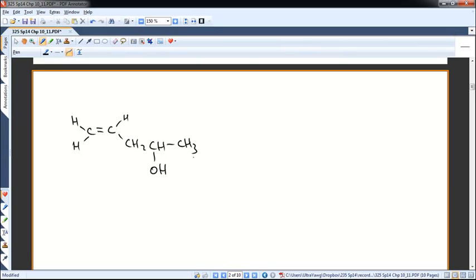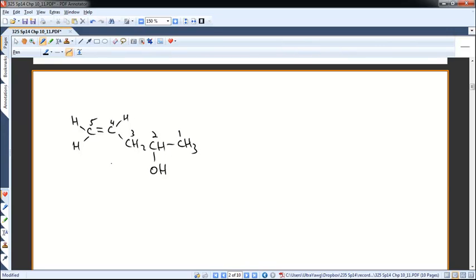We could count 2 possible ways, 1, 2, 3, 4, 5, or 1, 2, 3, 4, 5. You should always count such that the highest priority group is at the lowest number, and so it should be 1, 2, 3, 4, 5, even though counting the other way would put the alkene at position 1. So at the 2 position we have the alcohol, at the 4 position we have an ene.